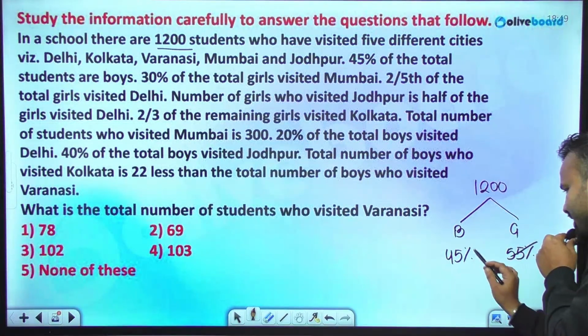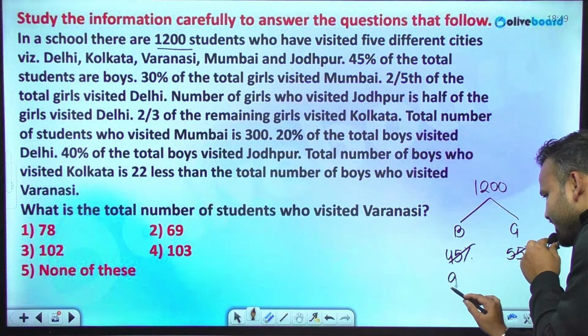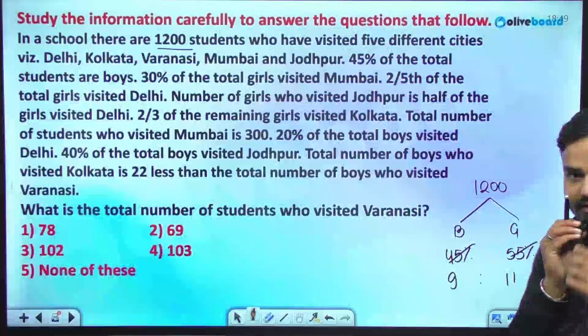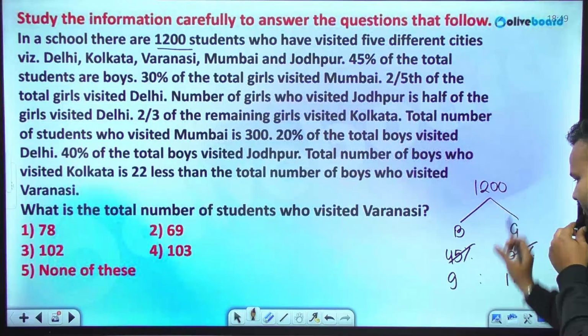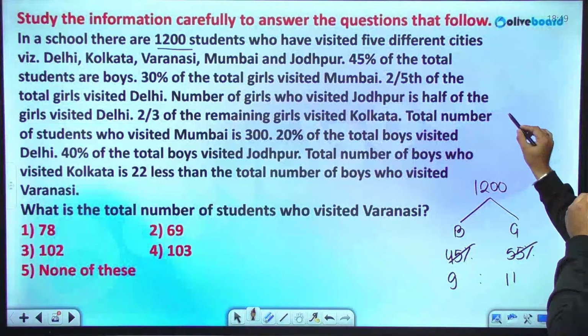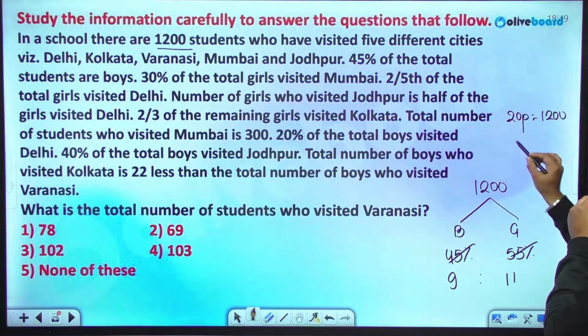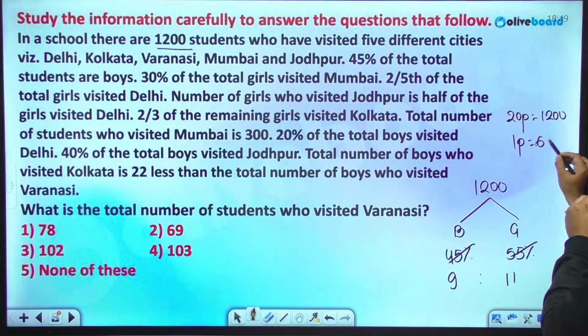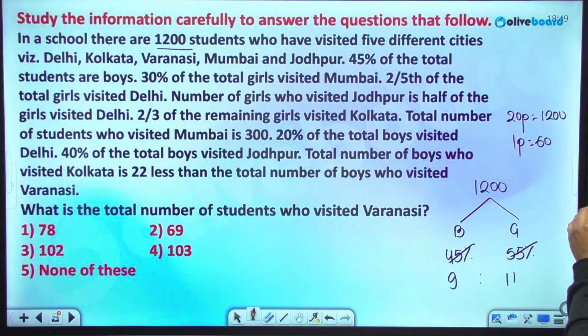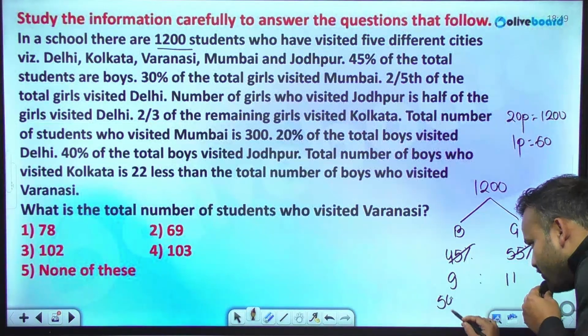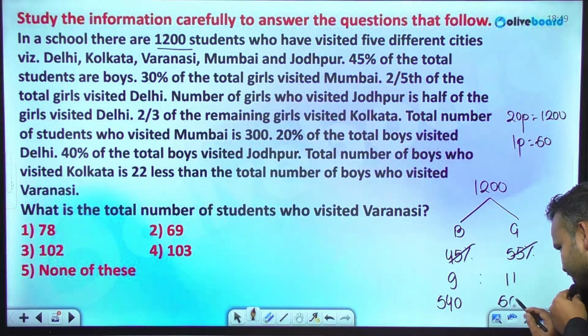That means the ratio will be 9 and 11, that is 5 times 9 and 5 times 11. So the total 1200 will be divided among 20 units. 20x equals 1200, so the value of 1 unit will be 60. If 1 unit is 60, 9 units will be 540. So there are 540 boys and 660 girls.